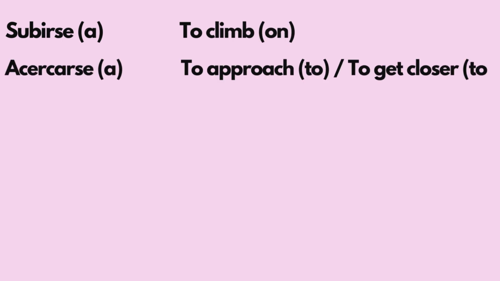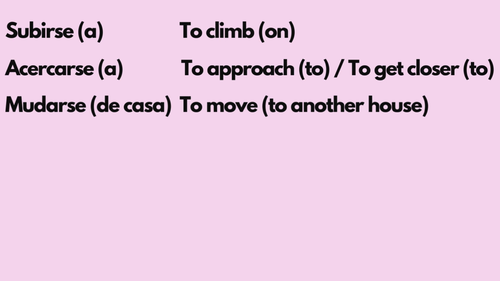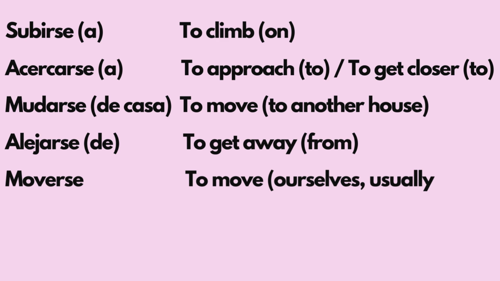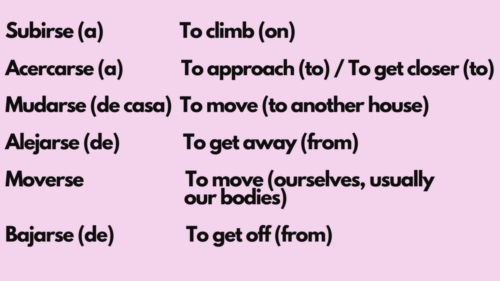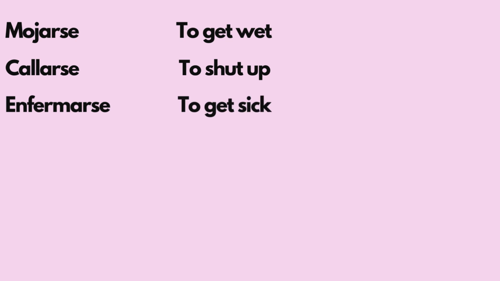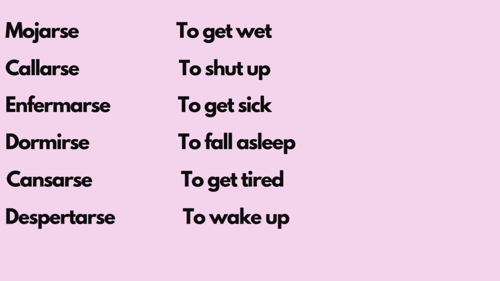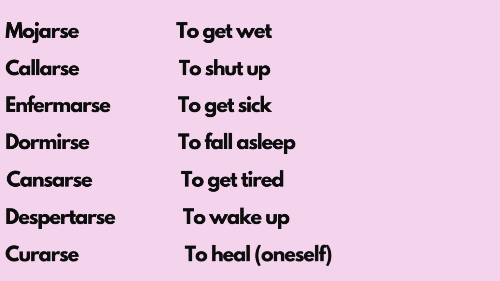For example, subirse a, to climb on; acercarse a, to approach, to get closer to; mudarse de casa, to move to another house; alejarse de, to get away from; moverse, to move ourselves, usually our bodies; bajarse de, to get off from; mojarse, to get wet; callarse, to shut up; enfermarse, to get sick; dormirse, to fall asleep; cansarse, to get tired; despertarse, to wake up; curarse, to heal oneself.